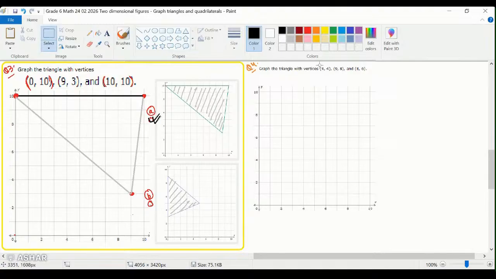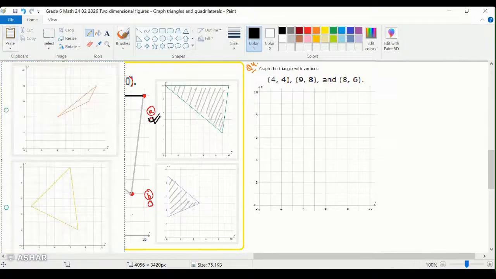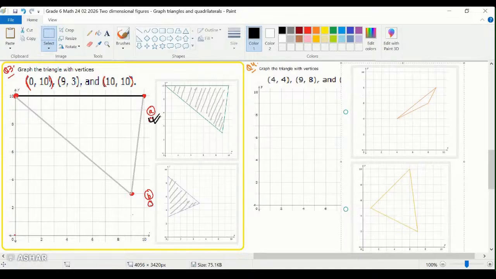For question number 4, if the coordinates of the vertices given are these, okay, question number 3, A is the correct diagram, right? Okay, let's have a look at this example. It says the coordinates are given to us and they're asking us in question number 4, which would be the correct diagram.